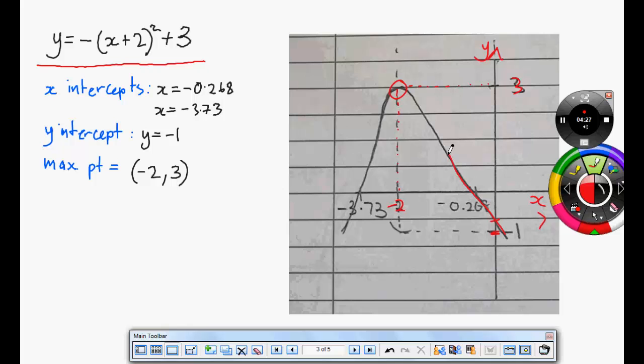Another thing is, this is the line of symmetry, right? So what can you tell me about these two distances here? They are not equidistant. These two distances must be the same if this is the line of symmetry.